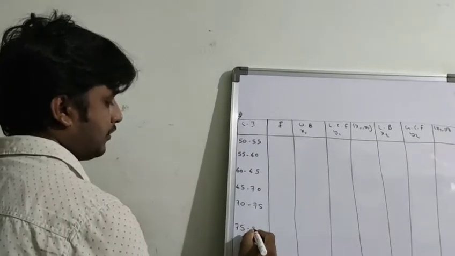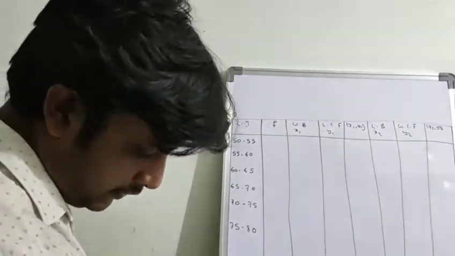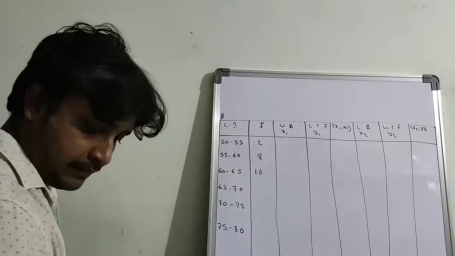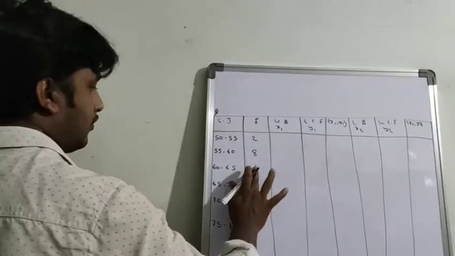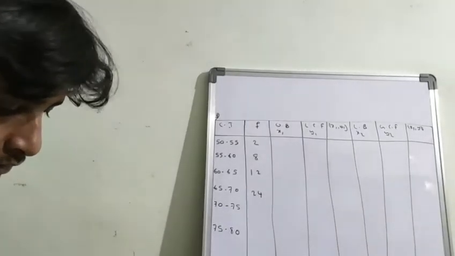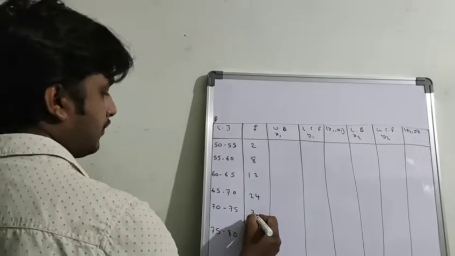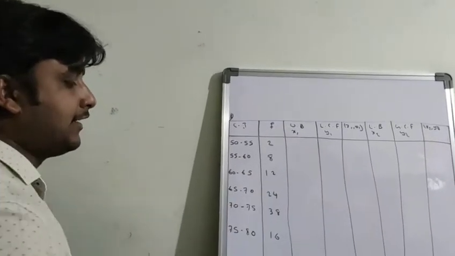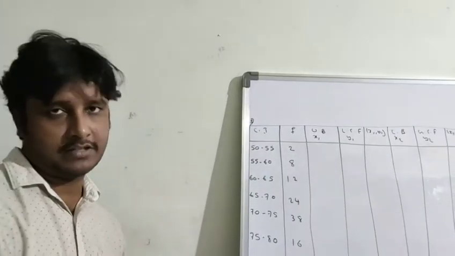Up to 80 only you have to take. So the frequencies are 2, 8, 12, 24, 38, and 16. So up to here it is in ascending order, but the last observation is not in order.